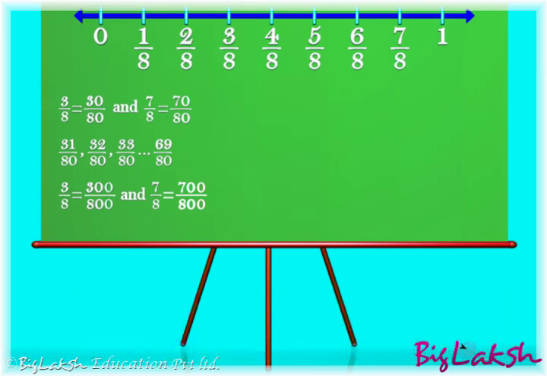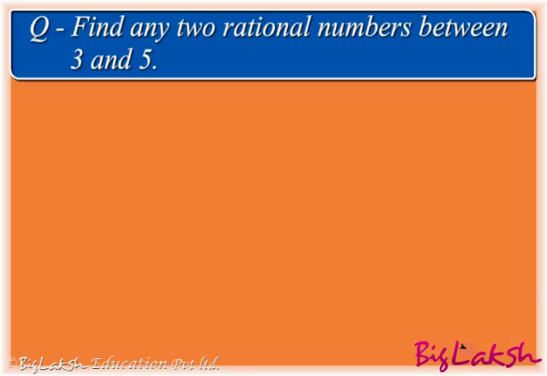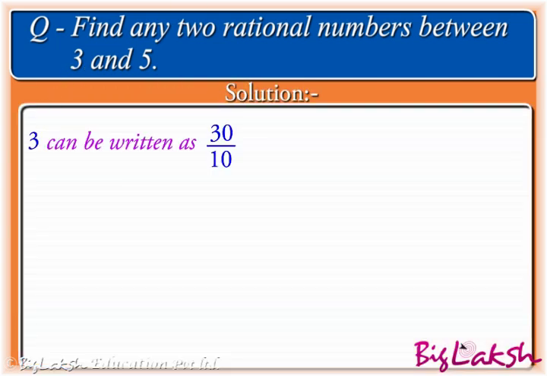Let us solve some examples. Find any two rational numbers between 3 and 5. Here, 3 can be written as 30 by 10 and 5 as 50 by 10.